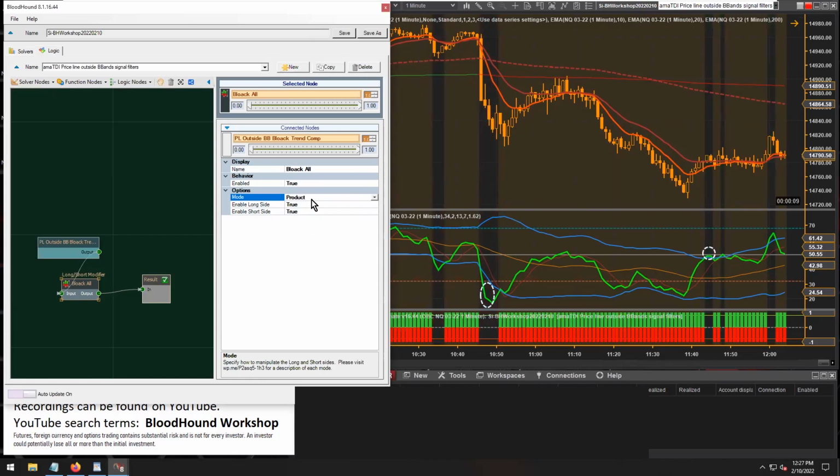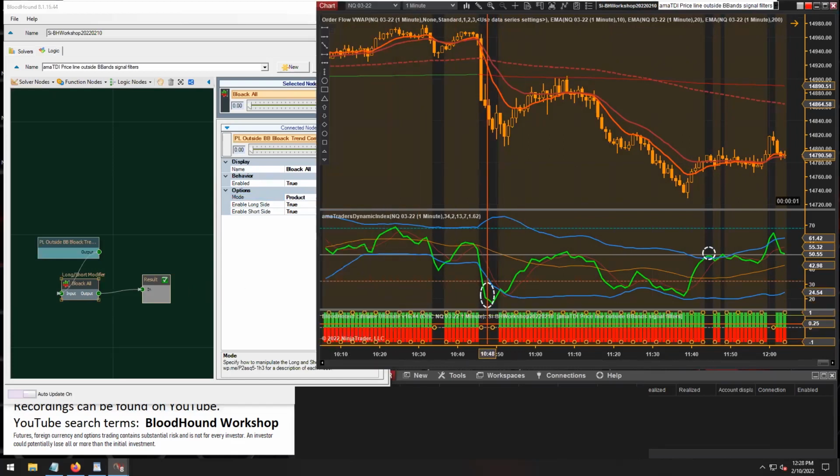Yeah, there we go. So we'll use the product mode. What the long short modifier did is, when there was a long only or a short only, it removed that output and it kept just the long and short when they showed up together.